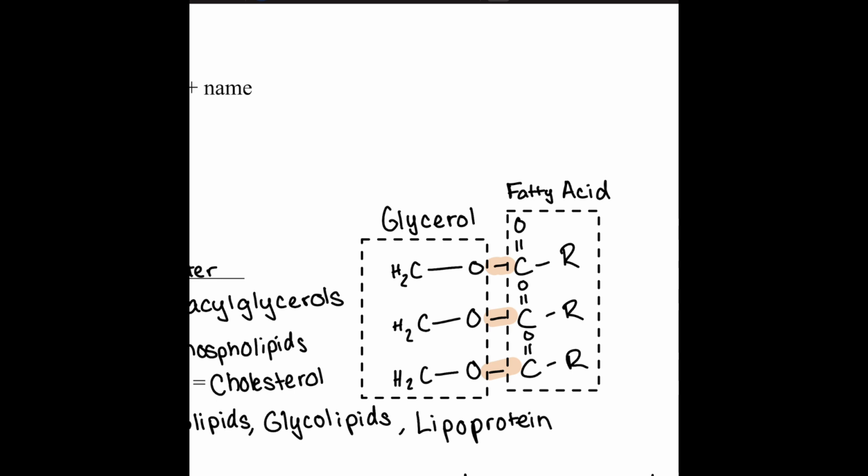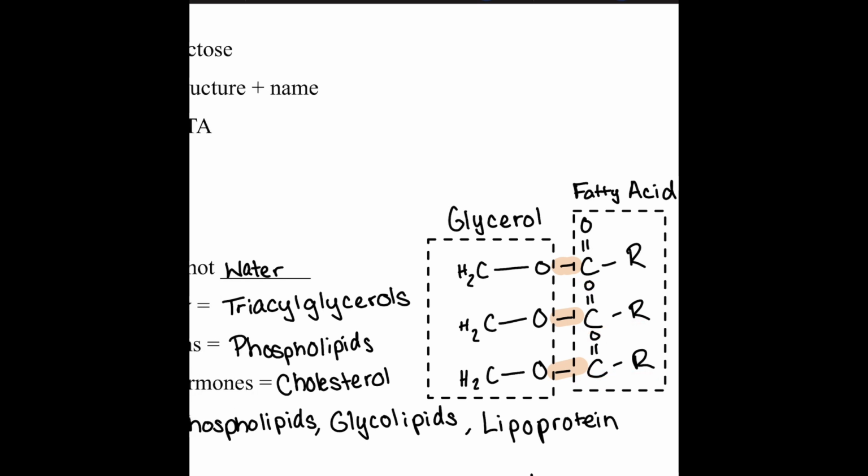So a triacylglycerol is a glycerol molecule, and what makes it a triacylglycerol is that it's going to have 3 ester bonds, which I have highlighted in orange, bonding it to 3 fatty acid chains.